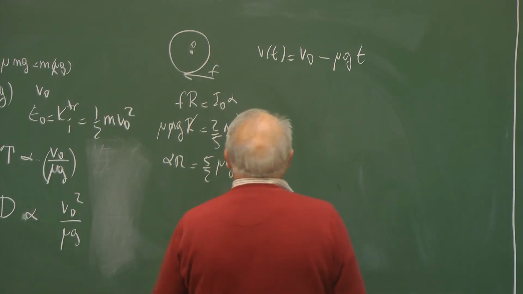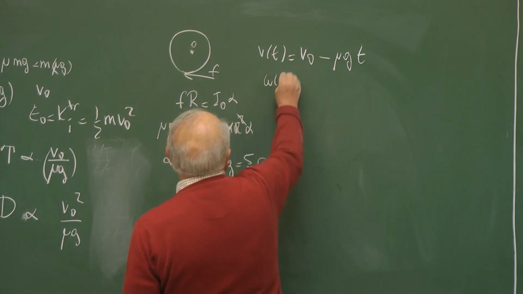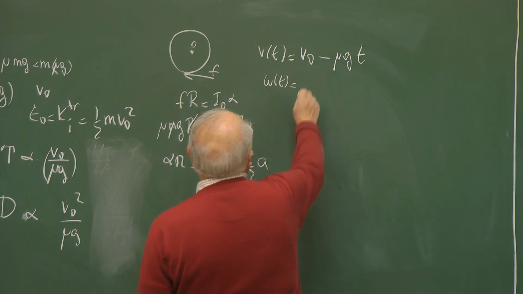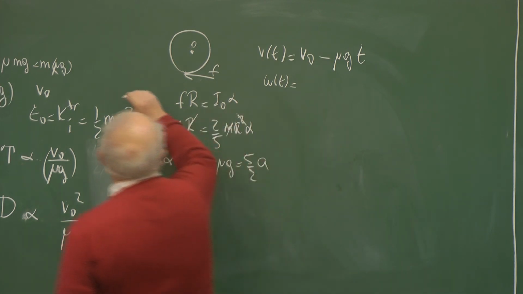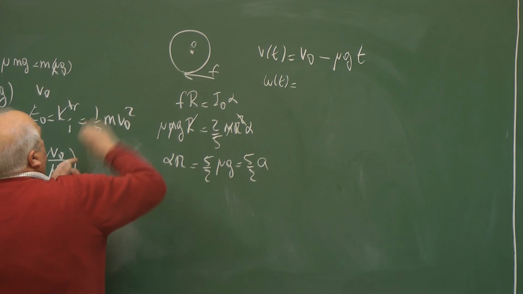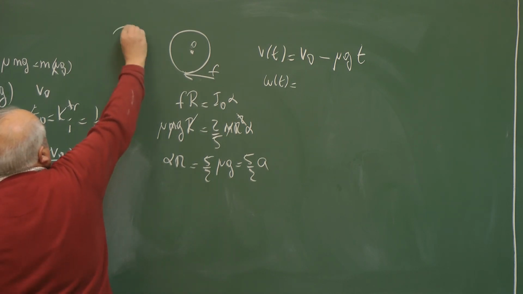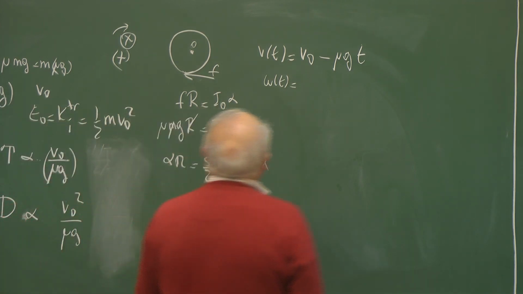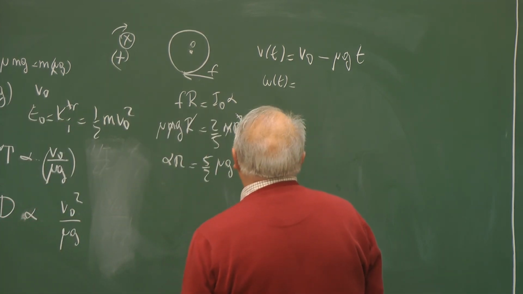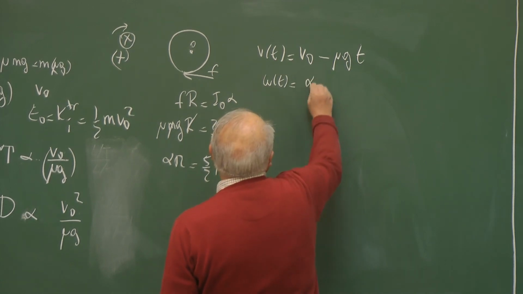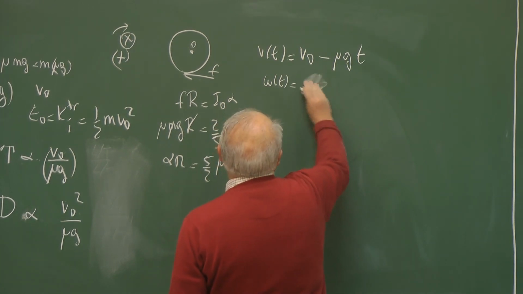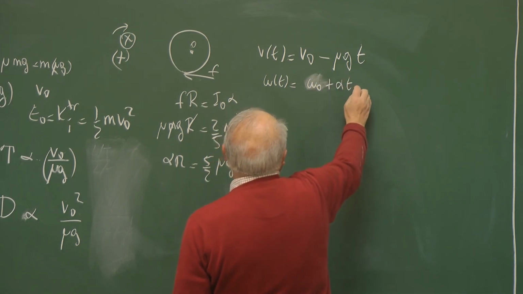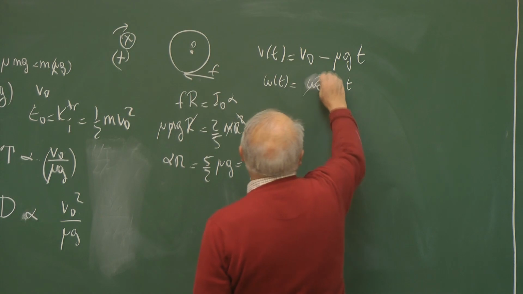That's alpha r. So omega t is omega 0. Now we have to take a positive direction. If it's rotating this way into the blackboard, and we take it as a plus. So omega t is simply alpha t, or I can write omega 0 plus alpha t, but omega 0 is 0.